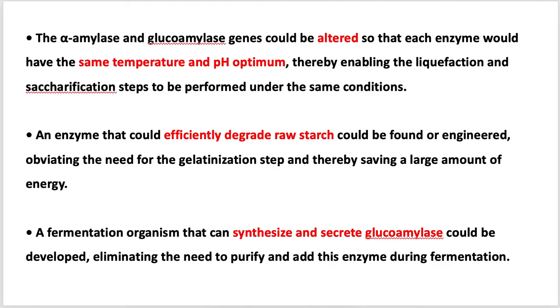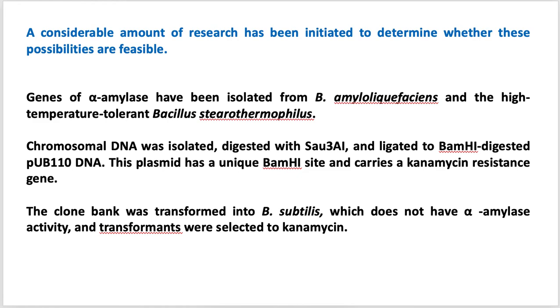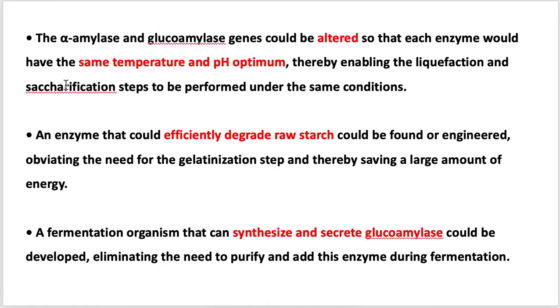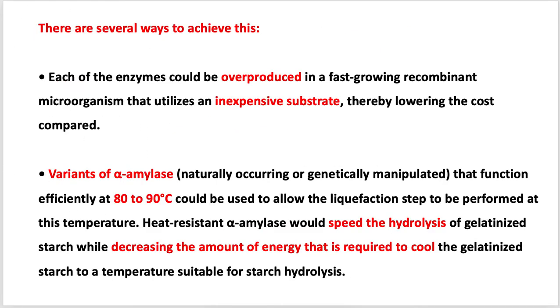Many scientists around the globe are trying to utilize recombinant DNA technology to achieve these approaches, to solve the problems associated with alcohol production when we utilize raw materials like corn.